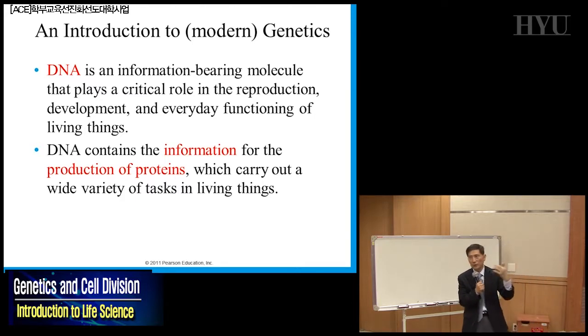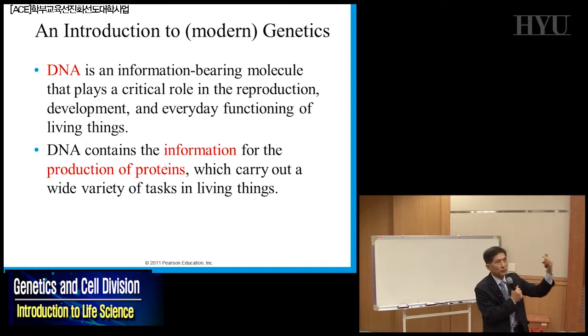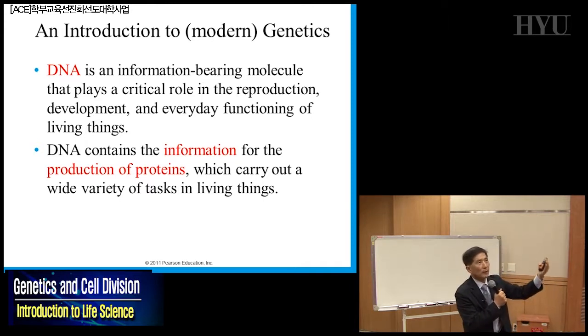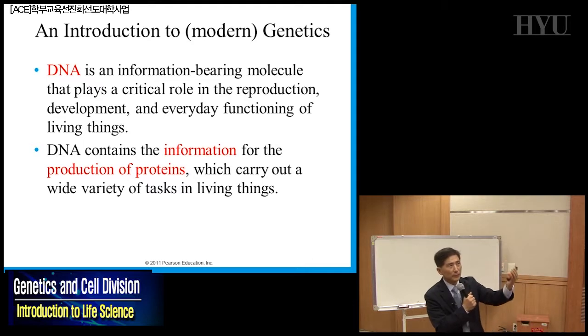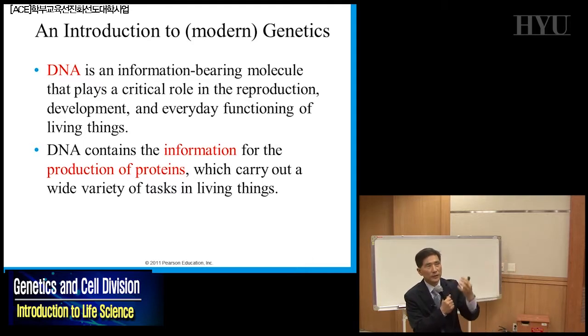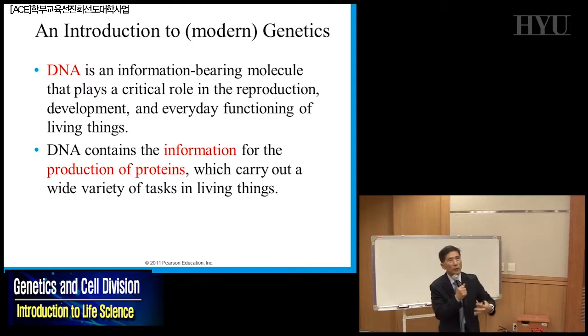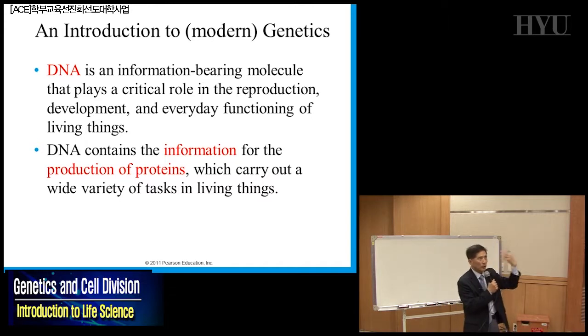We'll go through what the information is, and what this information is used for: making RNA, and from RNA to protein. Protein shows what we are. Your hair color, your shape, your muscle, all these things are expressed by proteins. So the DNA contains the information on how to make proteins.